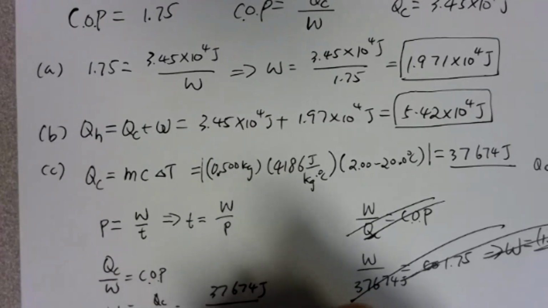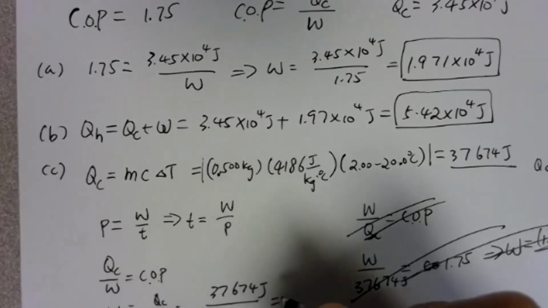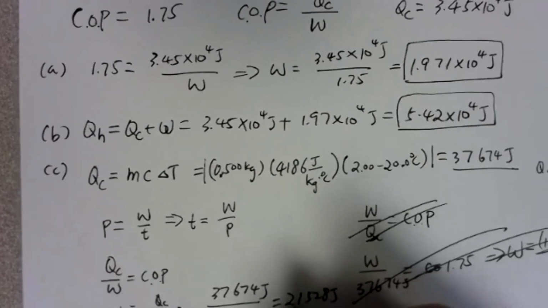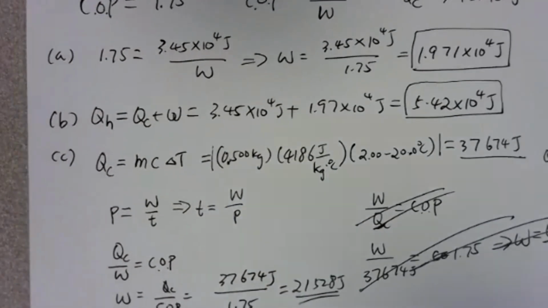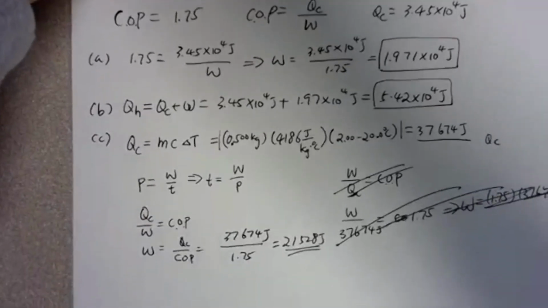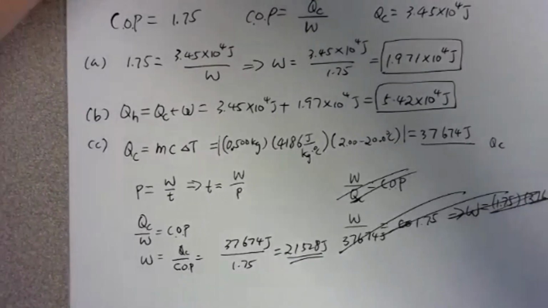37,674 joules over 1.75 gives 21,528 joules of work needed.